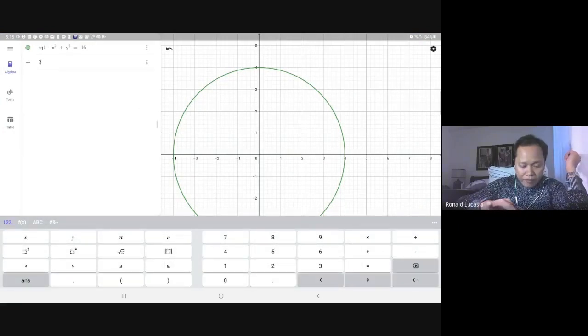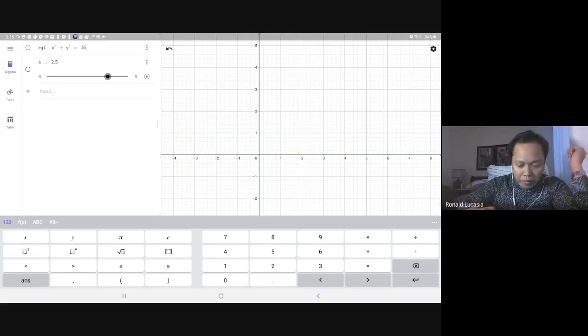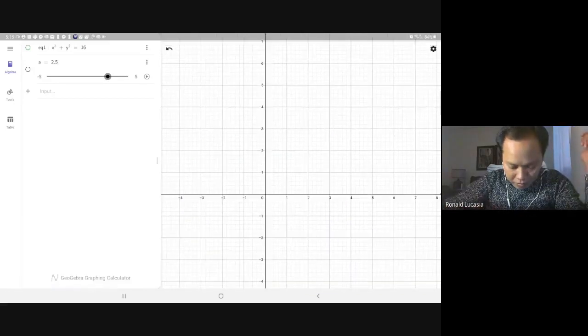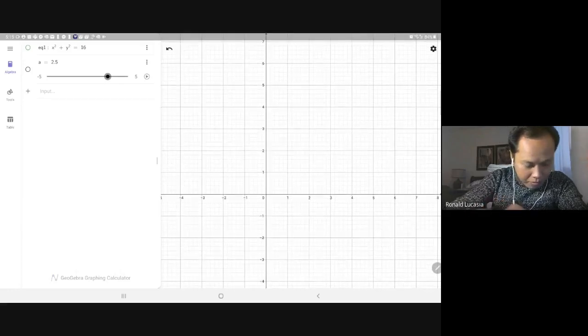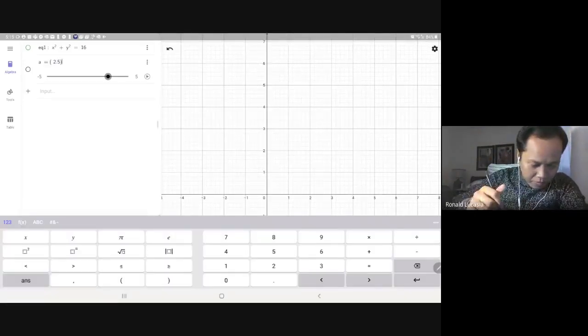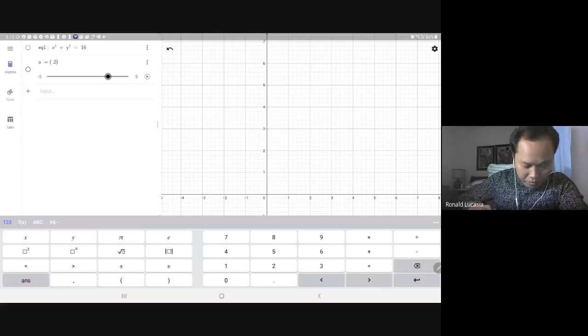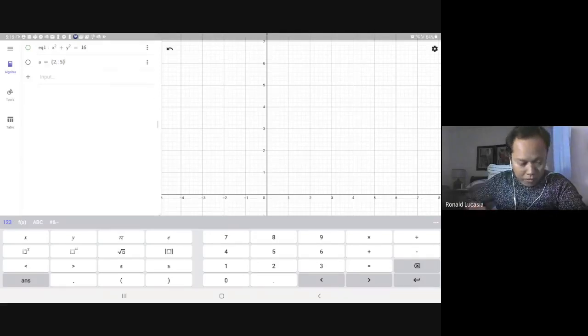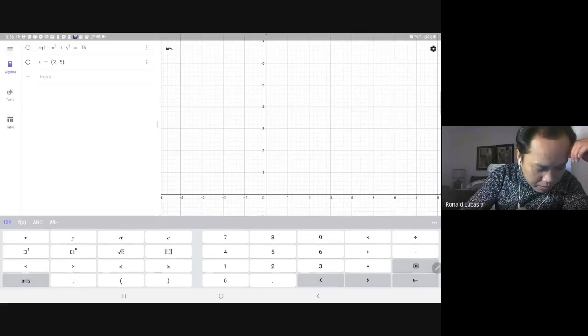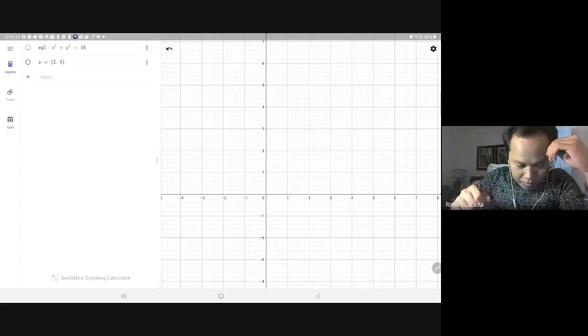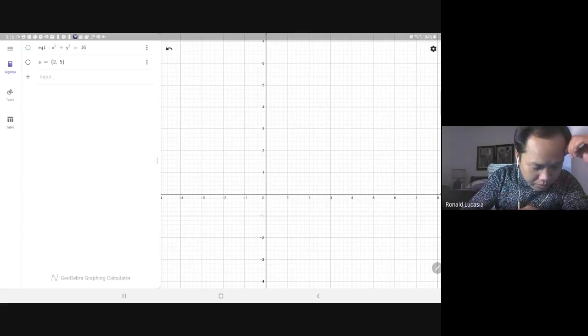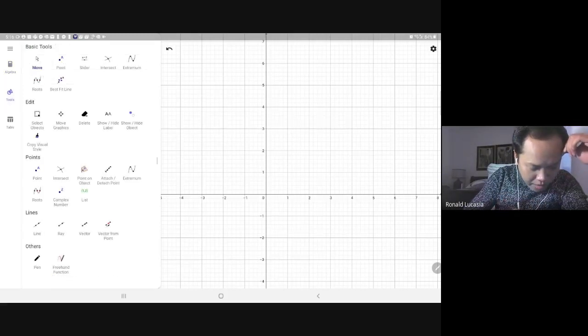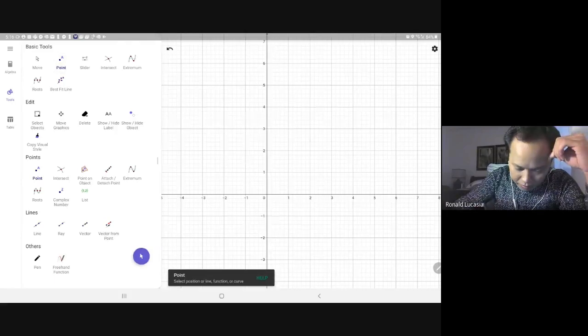(2, 5). I don't know how to plot points. An idea? Point here.